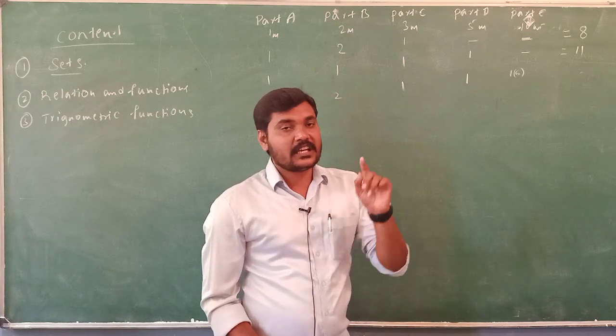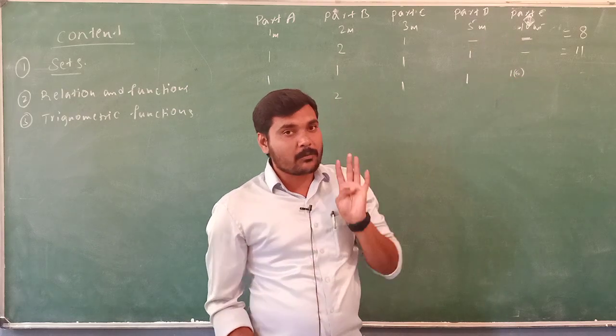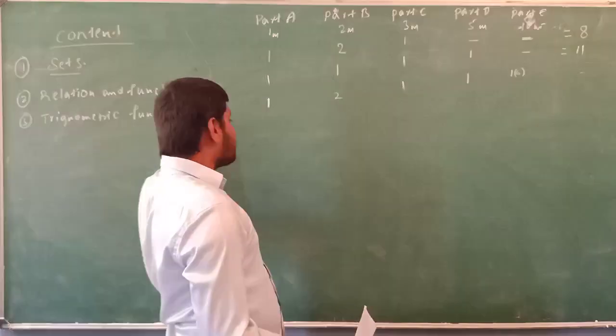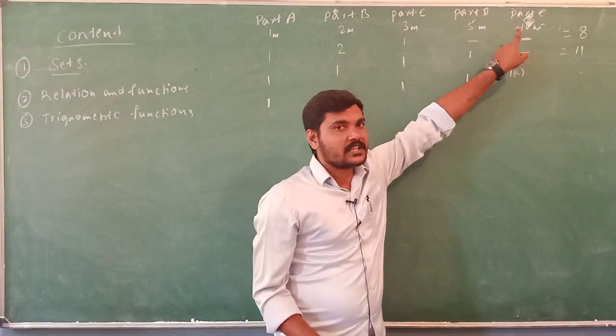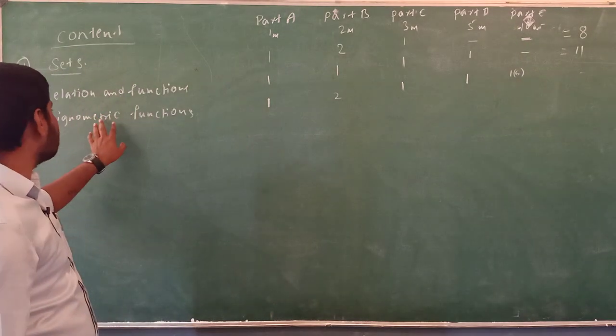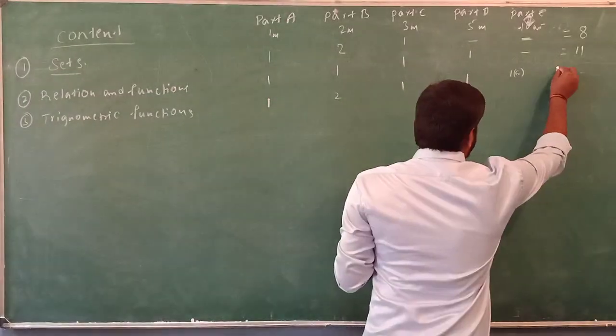One question is going to be for 6 marks and the other question is going to be for 4 marks. The first question from trigonometric function is allotted for 6 marks in part E. So the total number of marks allotted for the chapter trigonometric functions is going to be 19 marks.